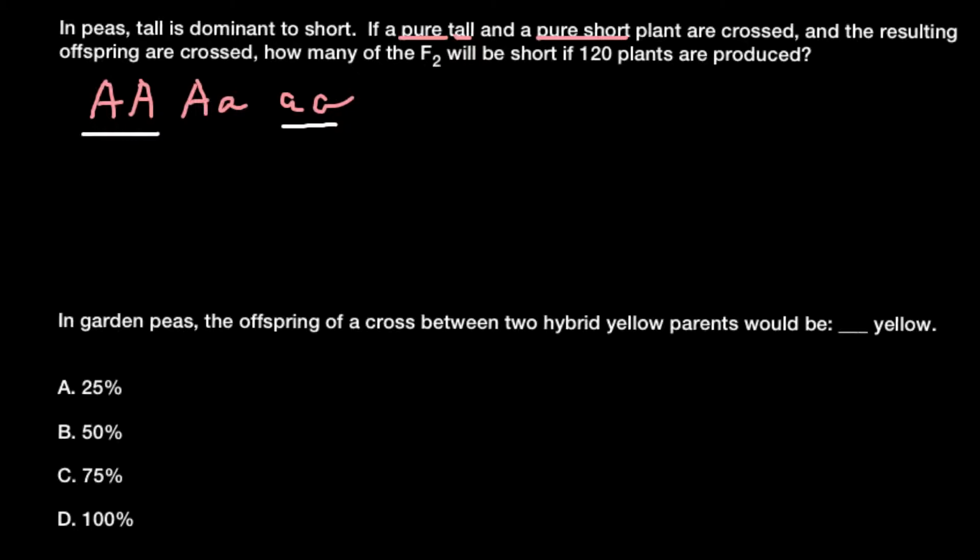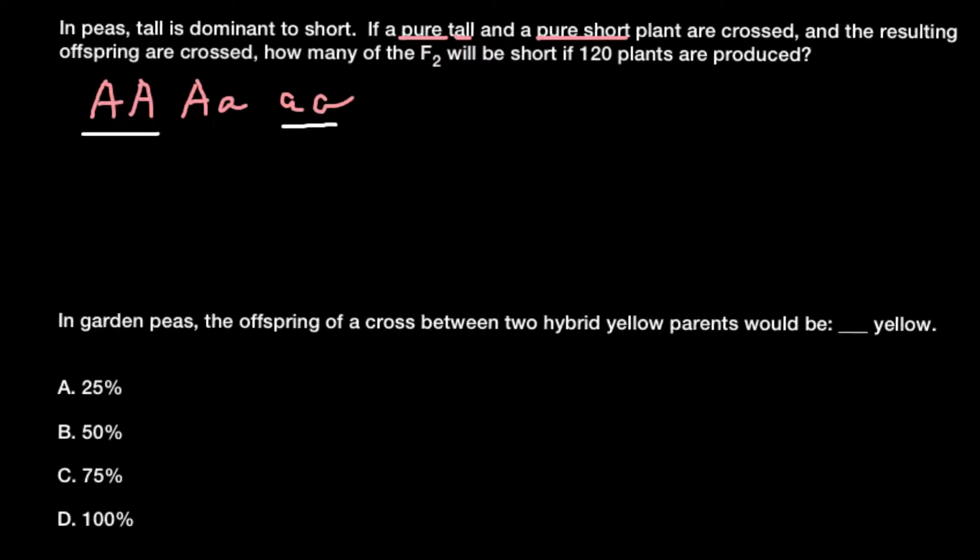So let capital A stand for the tall allele, and small a stand for the short version of this gene. So this homozygous dominant would stand for the tall plant, and this homozygous recessive would stand for the pure short plant.